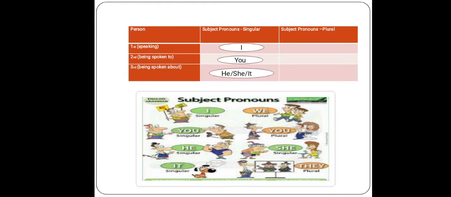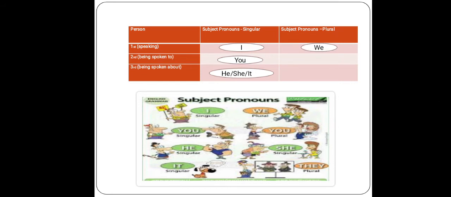He for a boy, masculine, she for a girl or feminine, and it for a thing or an animal, singular, of course. For subject pronouns, plural, when the first person is speaking, when you include yourself with someone else, like for example, Ahmed and I, that's plural.